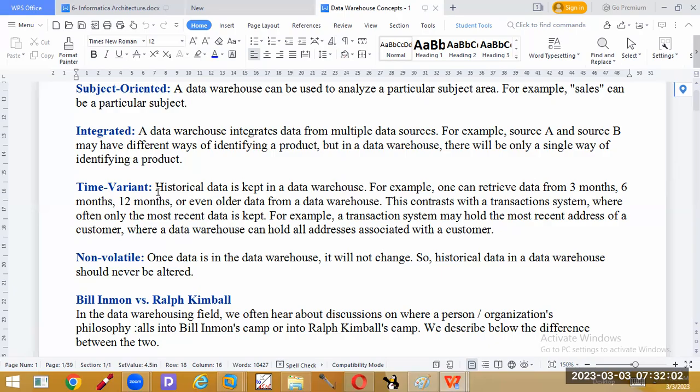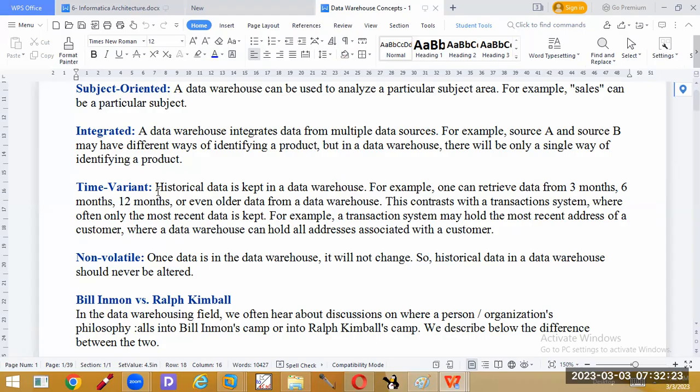Suppose a person moves from one city to another city, right? Previously he was ordering via Amazon to this address. He changed the address, but your Amazon data warehouse keeps both the previous and the current address. But in ERP, if you search, only the latest current address will be there, not the previous address.